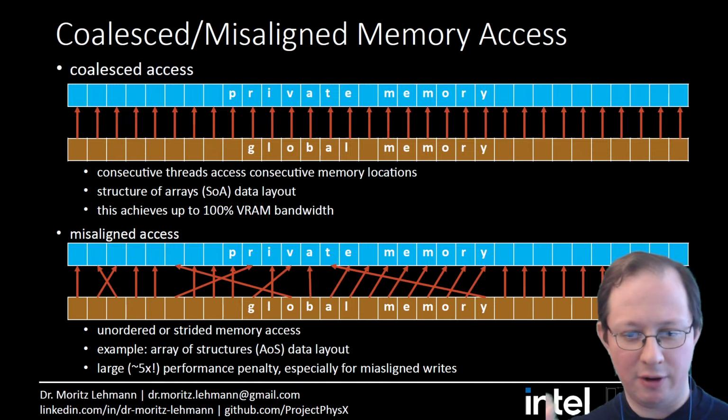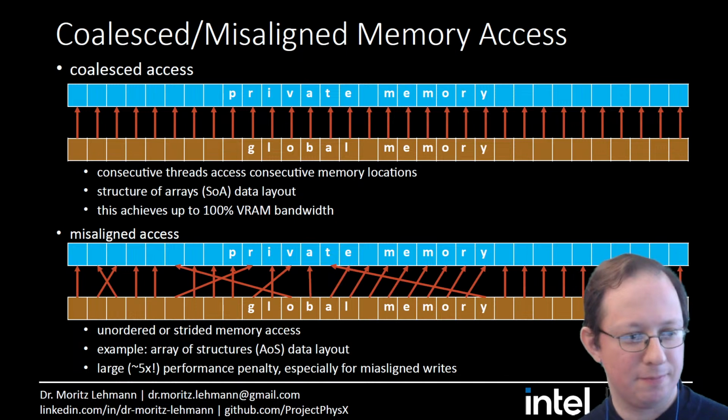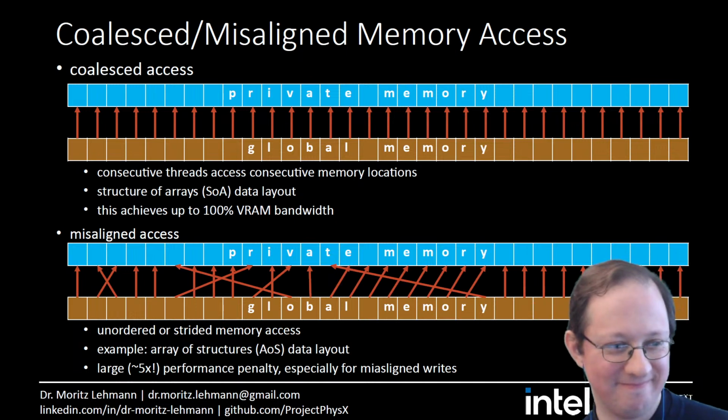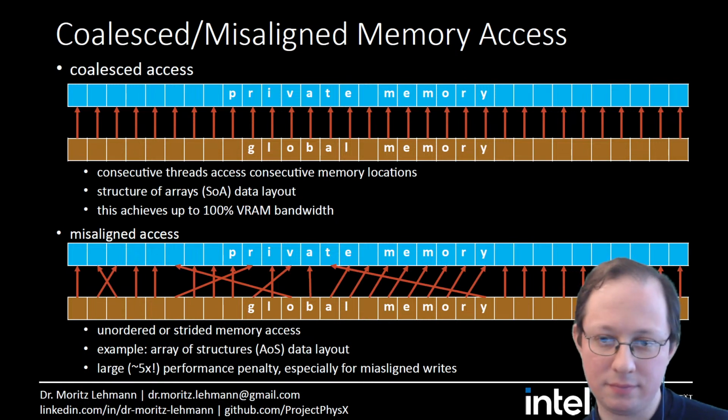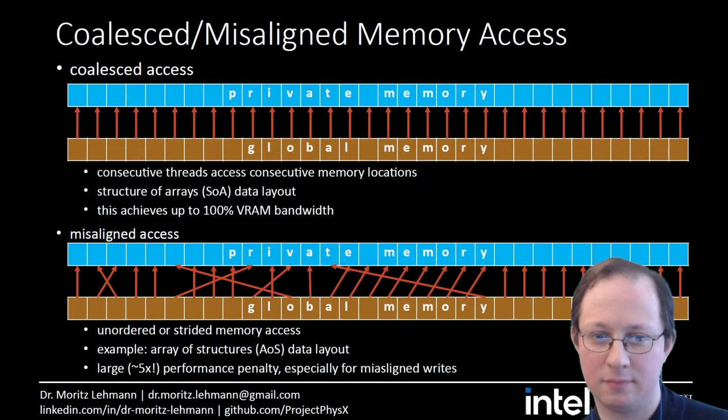Obviously, memory is very important, getting the memory layout right. It's not only very important, it's the most important thing of all, because you would think you would use a GPU because it has so many thousands of cores and so many floating point teraflops a second. But in reality, in most cases, the GPU is only faster because the VRAM has higher bandwidth.